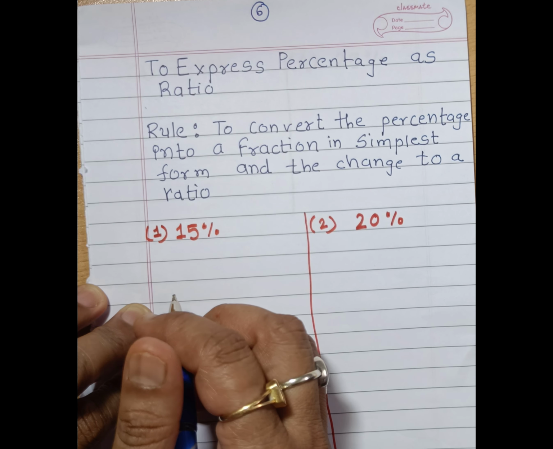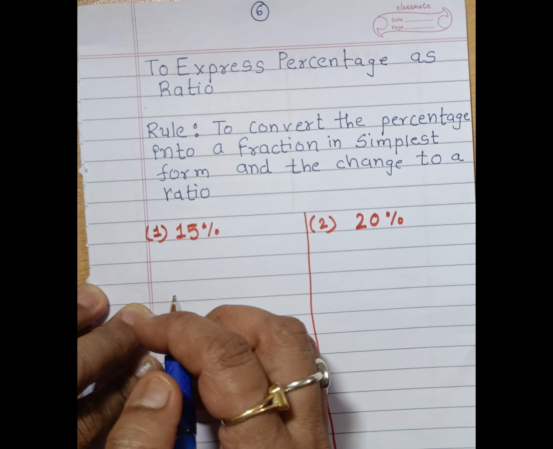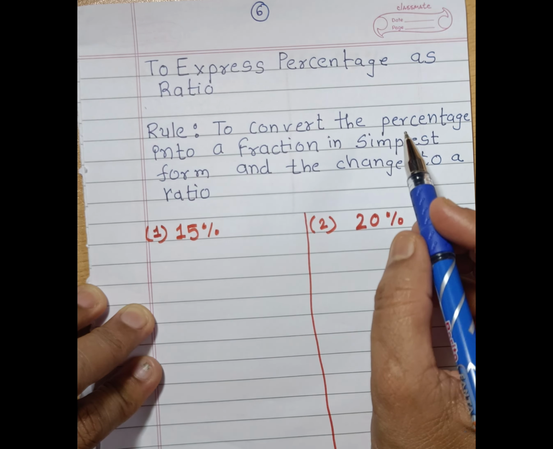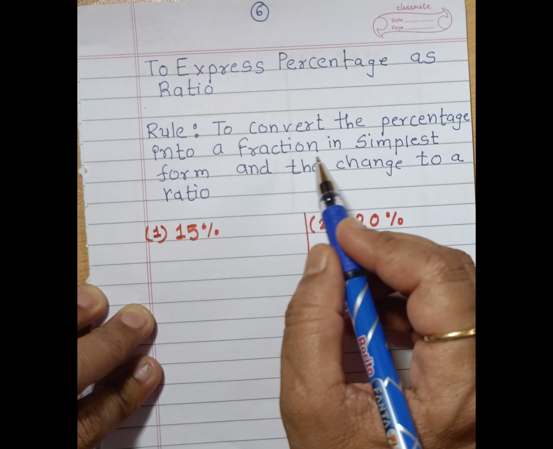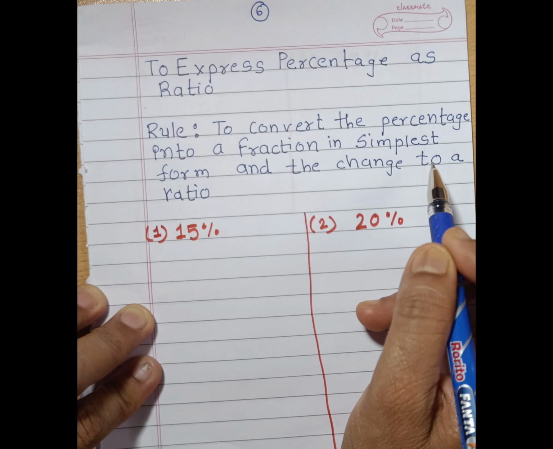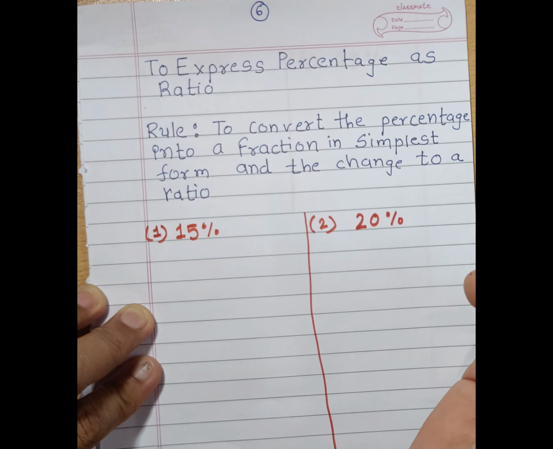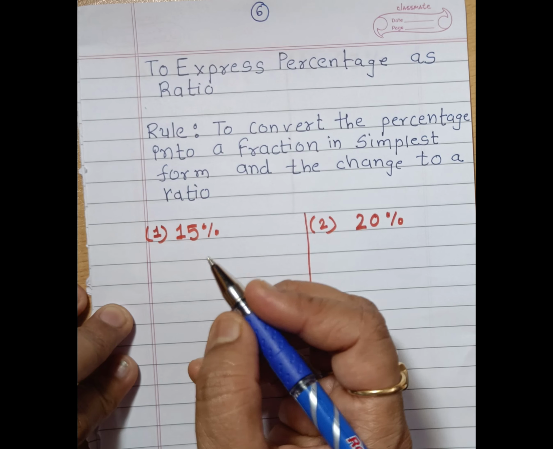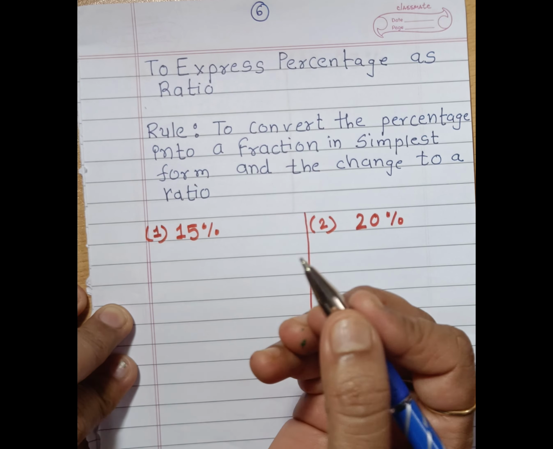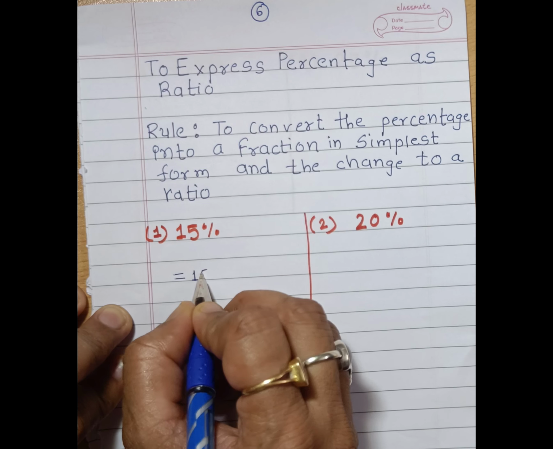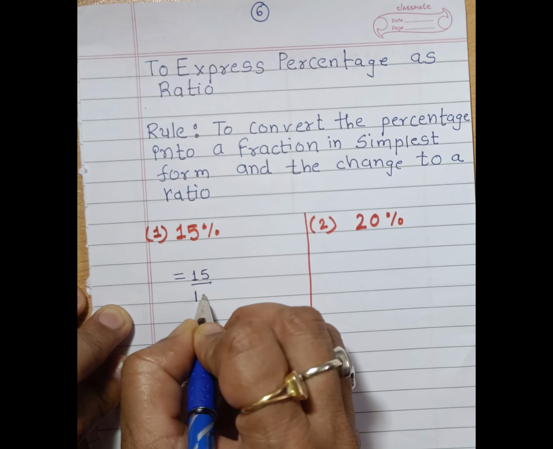Now we will learn to express a percentage as a ratio. For this we learn the first rule. To convert the percentage into a fraction in simplest form and then change it to a ratio. Now we will learn this by some examples. We convert 15% into the ratio form. Now 15% is equal to 15 by 100.